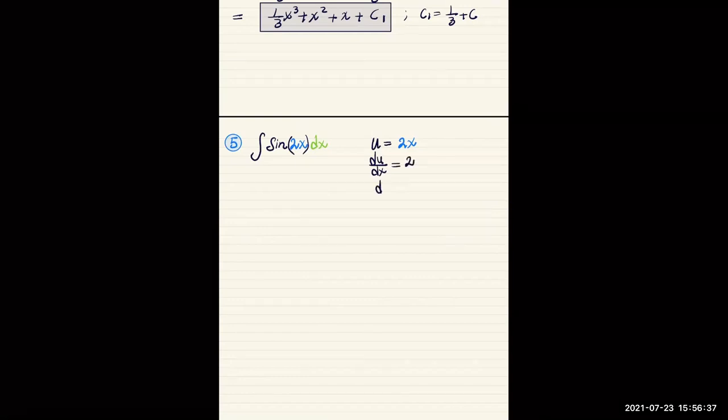I multiply by dx, I get du = 2 dx. I can solve for this dx. I get 1/2 du equal to dx. Now we are ready to substitute. You're going to use this and this to substitute for the inner function as well as the dx.